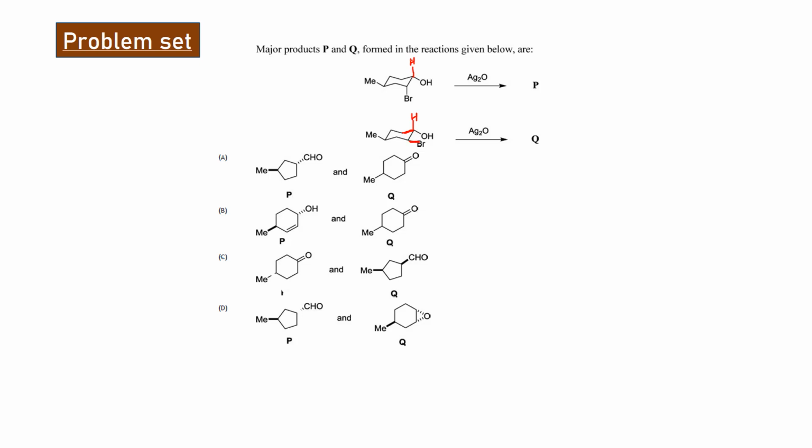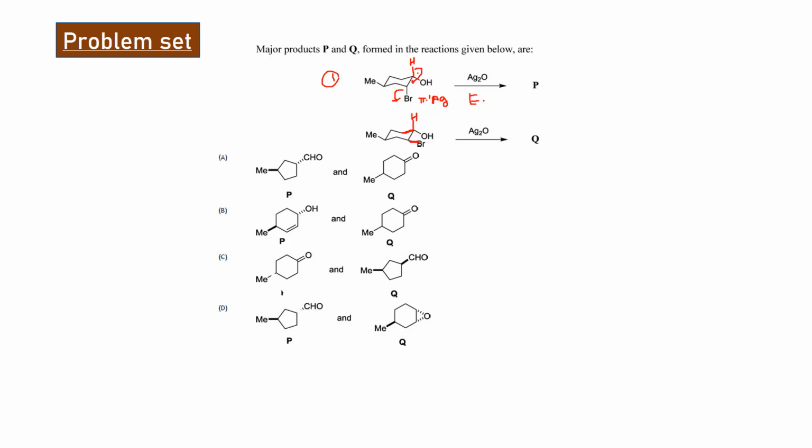Okay, so let's go to the first one first. What happened in this case? As this H is already anti with this bromine, in presence of silver, the bromine will coordinate with silver and undergo the elimination. So H will come here, so it undergoes an E2 elimination.